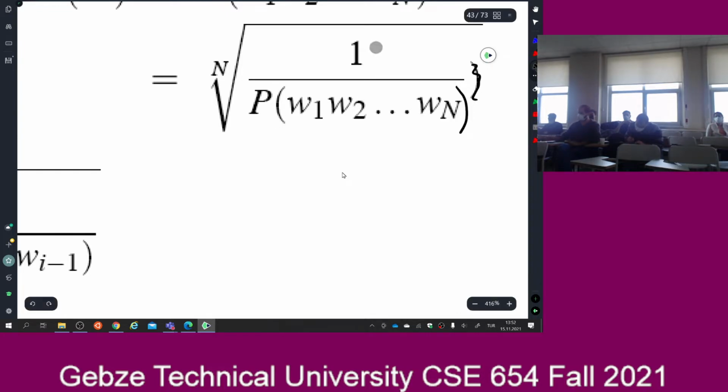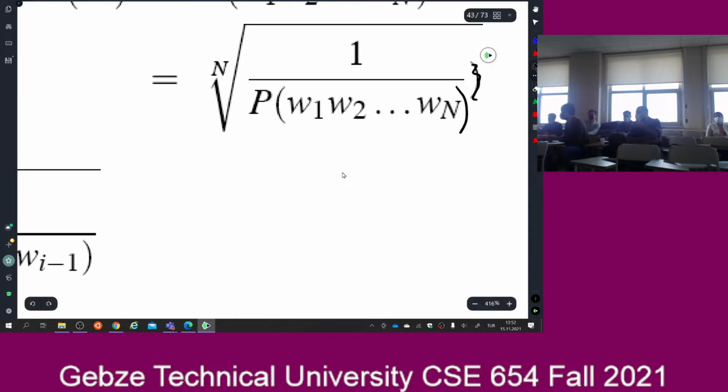If I divide it by 1, okay, if this number is big, it could be at most as big as 1. Okay, so 1 over something. I want this number to be small. If this is large, if I divide it by P, it is going to be small, right?